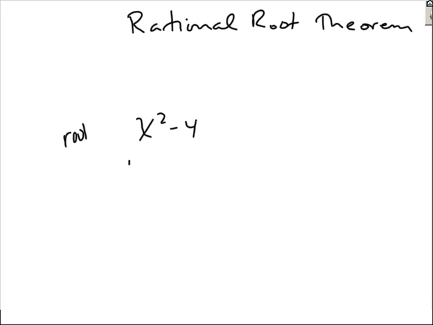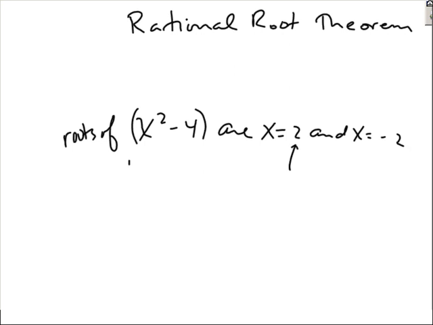the roots of x squared minus 4 are x equals 2 and x equals minus 2, because those two numbers, 2 and minus 2, make this 0. Not sometimes it's 2 and sometimes it's negative 2.